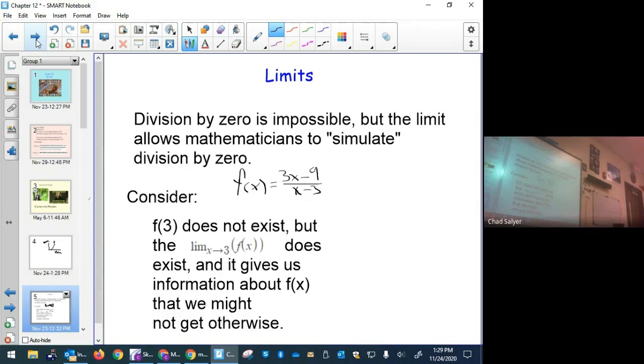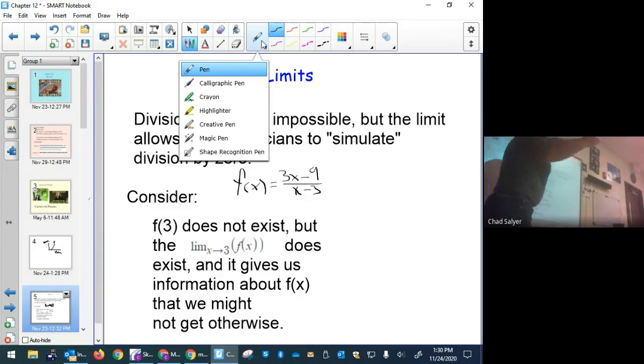So the only mechanism we're going to use to evaluate a limit is to algebraically remove division by zero and then plug the value in, or use a graphical analysis. So we're either going to graphically analyze it and see what the limit comes to, or we're going to plug in the value.